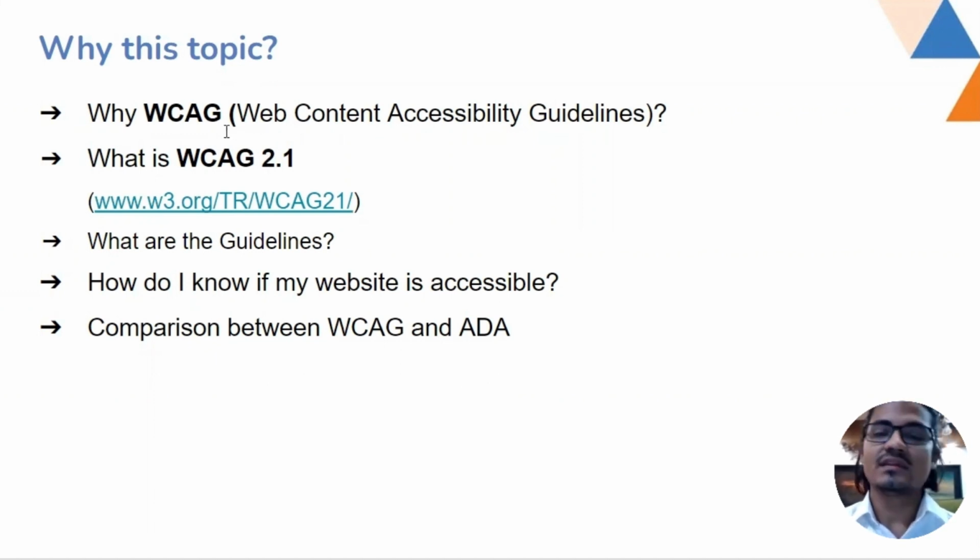And in 2024, WCAG 2.0 was there, and from 2018, WCAG 2.1 is going on. WCAG 2.2 was about to publish in December 2022, but somehow they postponed it to 2023. So WCAG 2.2 is about to release, but there is no issue because WCAG 2.1 and 2.2 are almost the same, except two rules.